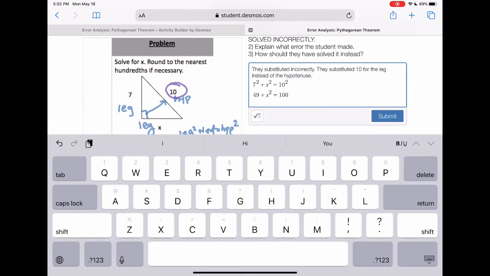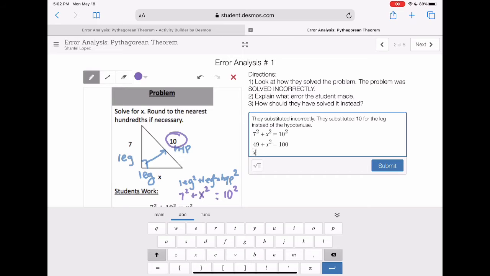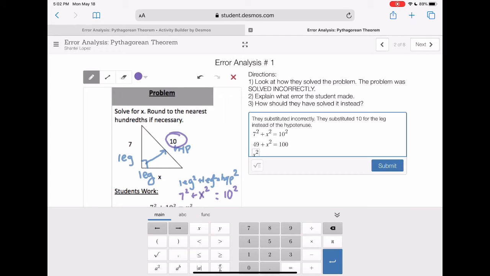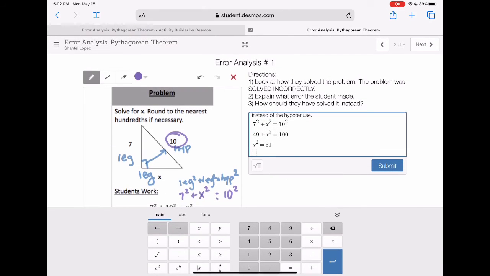And from here, I need to do what? Well, I need to subtract 49 from both sides in order to get x squared by itself. So x squared equals 100 minus 49. That's going to give me 51. And then I'm going to take the square root of both sides. You can show this step if you want to.